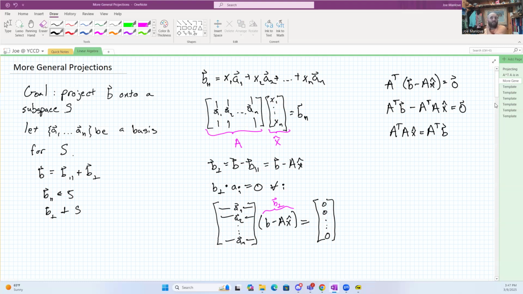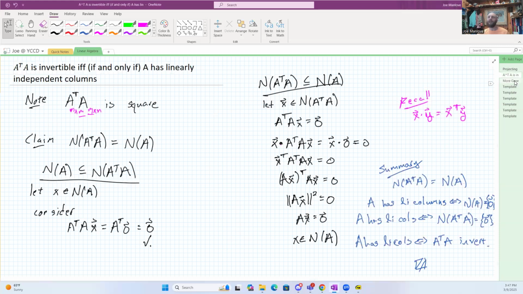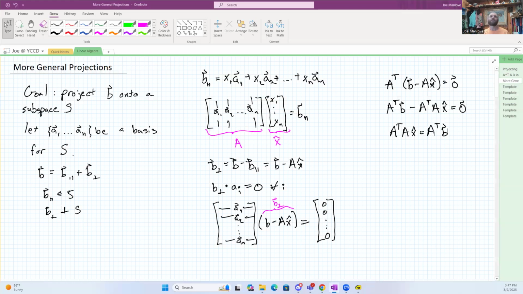And then I can use a trick. The trick is, remember the last video, that A transpose A is invertible if and only if A has linearly independent columns. So here I'm going to apply that trick. I'm going to say, look, A is made out of a basis.